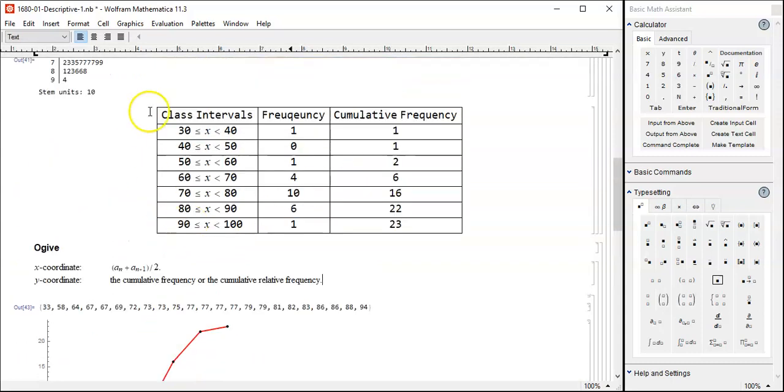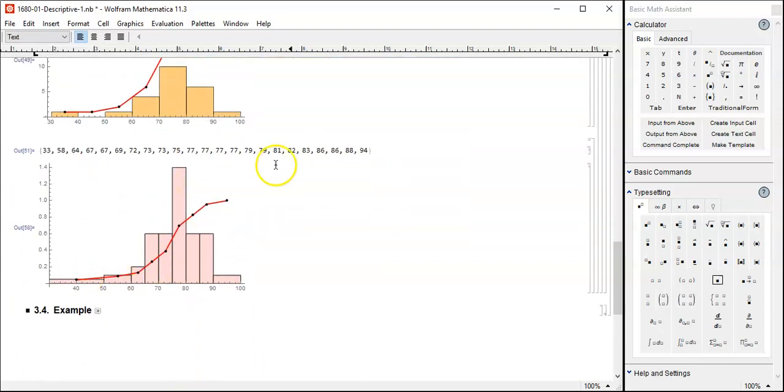You can, of course, change the class intervals. In the second picture here, I'm using a different class interval. As a matter of fact, I'm coupling it with the advanced histogram, by the way. Yeah, we have uneven interval width. So this time, area corresponds to the relative frequency.